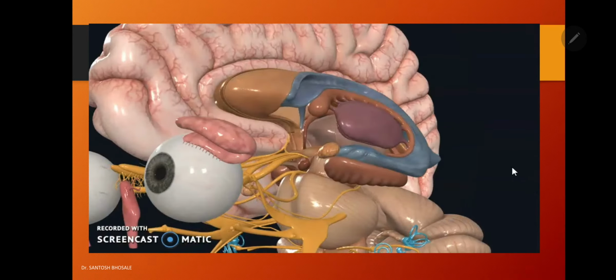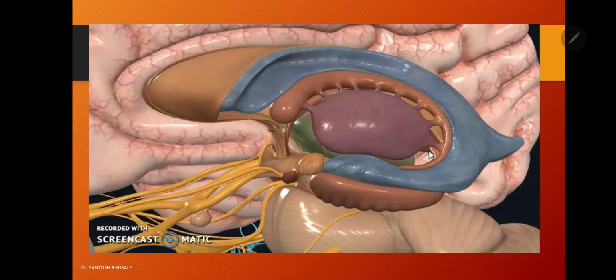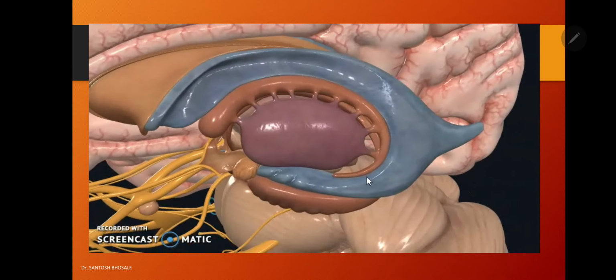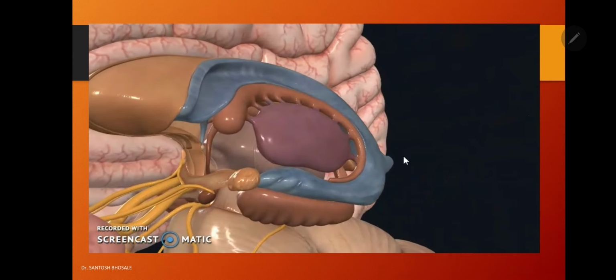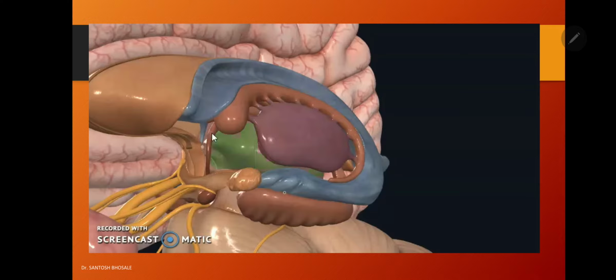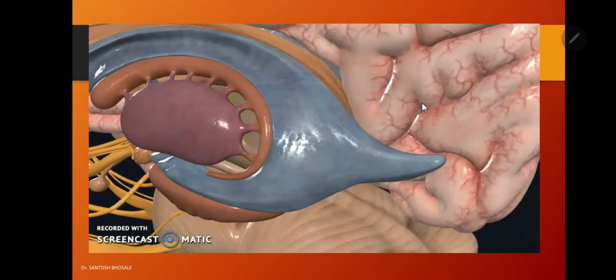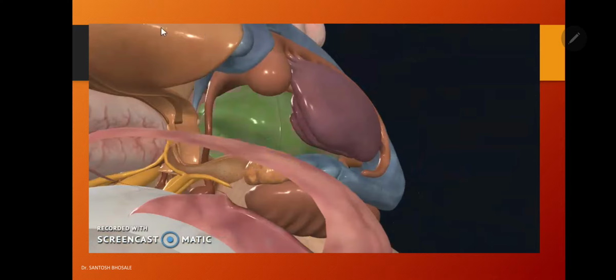So you can just summarize, the lateral ventricle is surrounded by the corpus callosum, and it is surrounding the caudate nucleus and thalamus, and below here in the temporal lobe you can see the hippocampus and the amygdala and their communications. So these are the structures it is surrounding and surrounded by. That will give you the idea about the relations of the lateral ventricle.